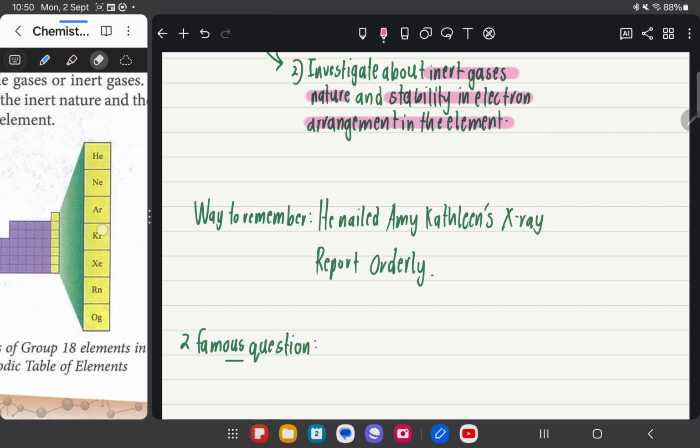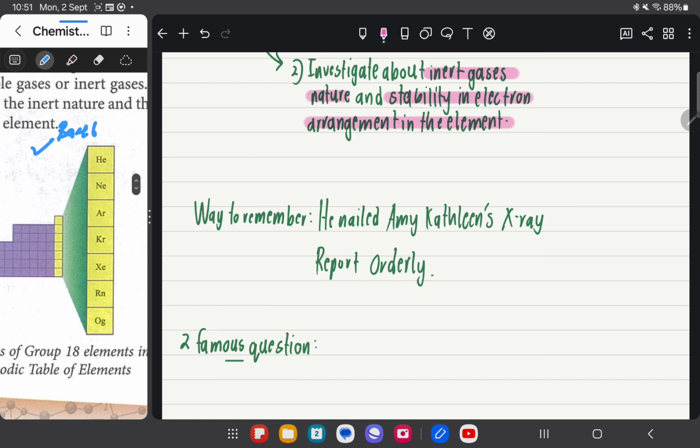It should be in order: first helium, second neon, third argon, krypton. Why this arrangement? Because it is based on proton number. Remember? We follow their proton number when we list them out.